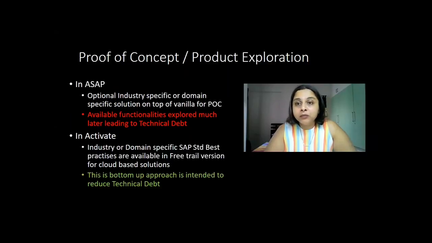And this is a bottom up approach, because the customer is aware of the things which he or she is going to get to use after the product has been implemented in their organization. So it leads to less technical debt because of this facility which is available.